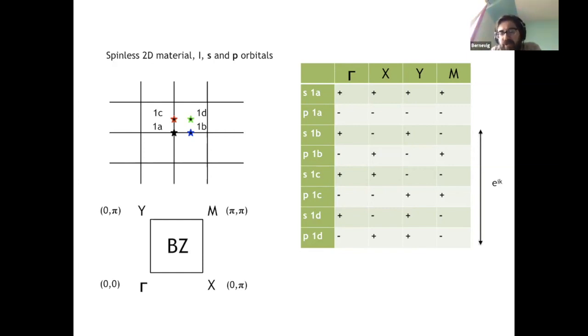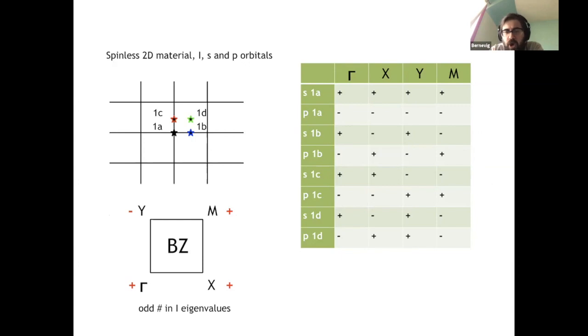You can go through this procedure, and what you find immediately is that in any atomic limit there are only an even number of negative or positive eigenvalues of the inversion operator at high symmetry points. So now, if I have a band that has only an odd number of negative inversion eigenvalues, for example a minus inversion eigenvalue at the Y point, and I would have to prove to you that this band exists, but I don't have time to go through that, but it does exist, then this band cannot be an atomic limit, and hence it has to be topological.